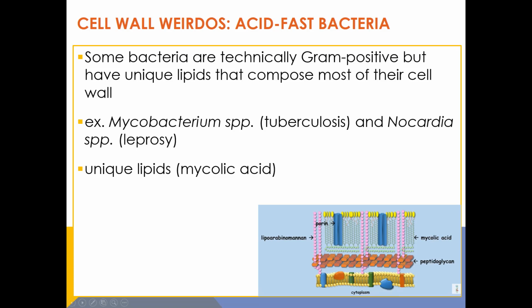Now, because they have that unique lipid, mycolic acid, and it's waxy, it contributes to their virulence. It is very difficult for the body to recognize them as being foreign because wax is very inert. It's also very difficult for phagocytes to engulf and degrade that waxy mycolic acid, again, because wax is inert.